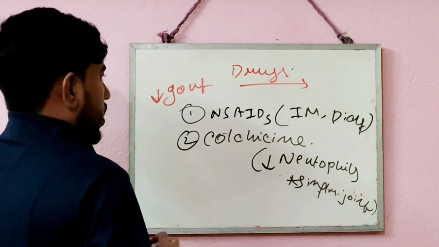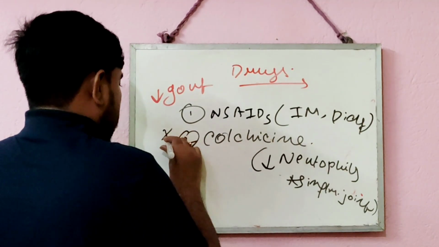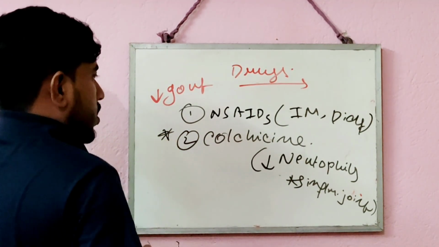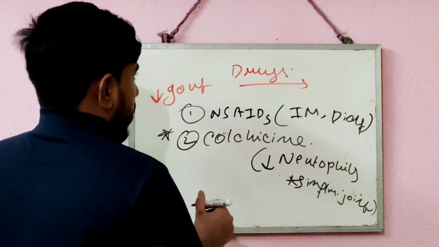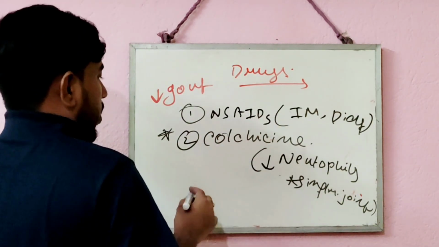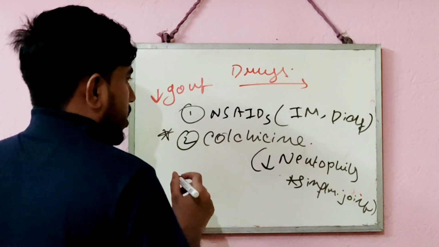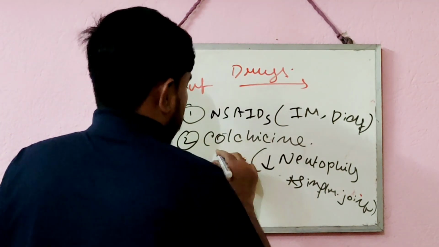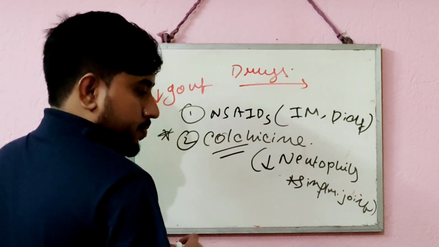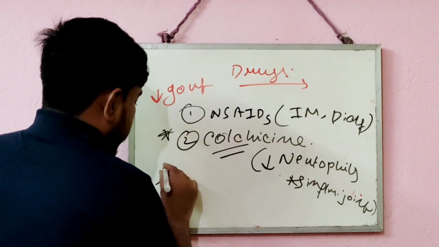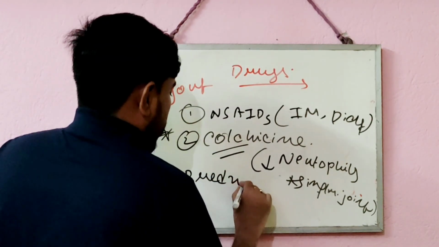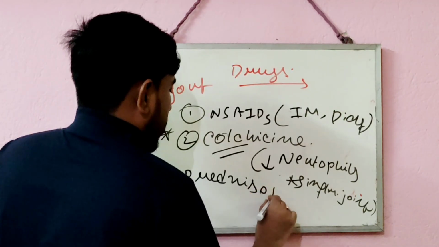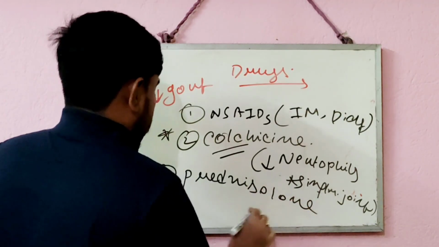So colchicine can be used for GOUT, and it is mostly used as an anti-rheumatoid drug when it comes to treatment of GOUT. For GOUT, the main drug generally and frequently used in our daily life is colchicine. And also we can use prednisolone. How prednisolone works, I have already discussed in the anti-rheumatoid drug mechanism.